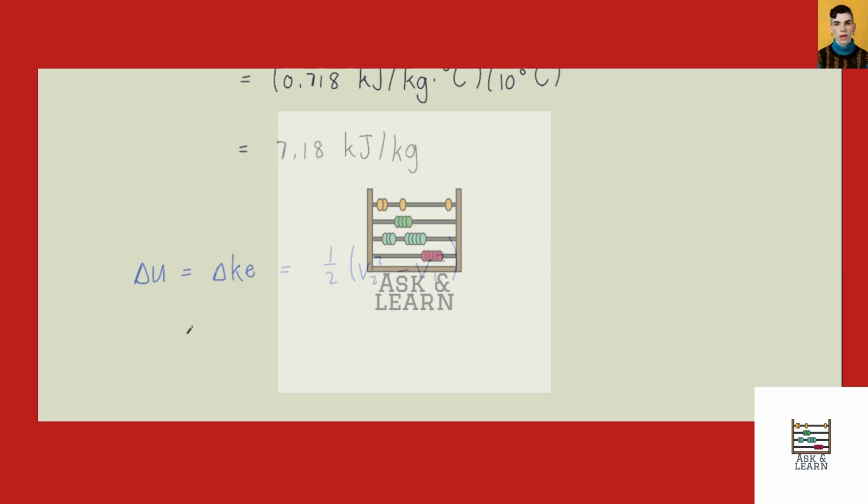So if we substitute our values in here, that's 7.18 kilojoules per kg. The specific internal energy is equal to the specific kinetic energy change. And this is equal to a half into V2 squared minus the initial velocity, which is 0.